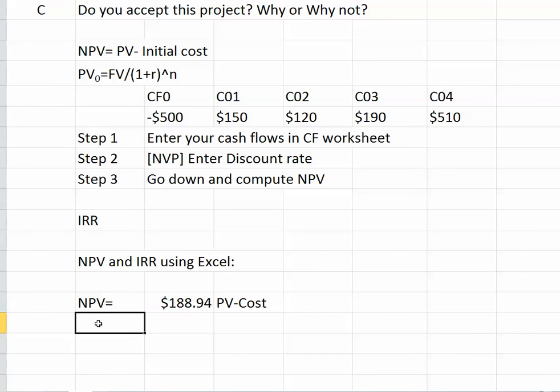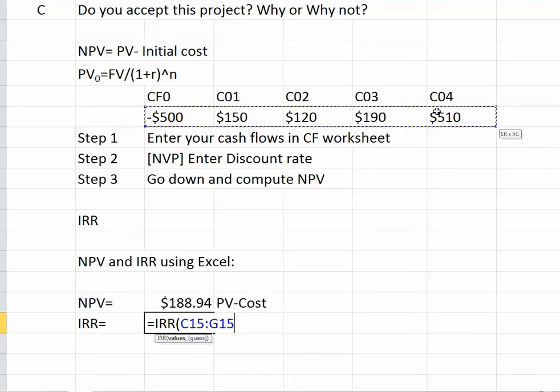Okay, so how do you find your IRR? Equals, again you can start with equals IRR, start your parenthesis, and select the values. This time, all the values including cash flow number 0.